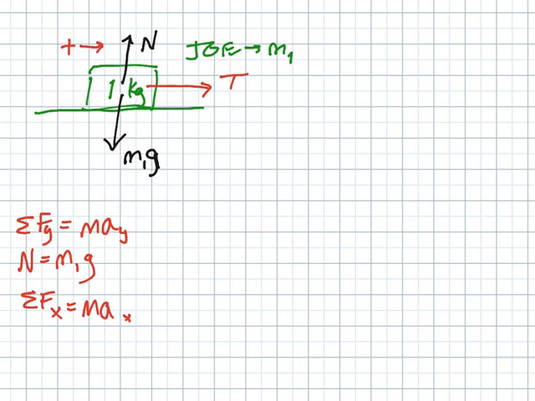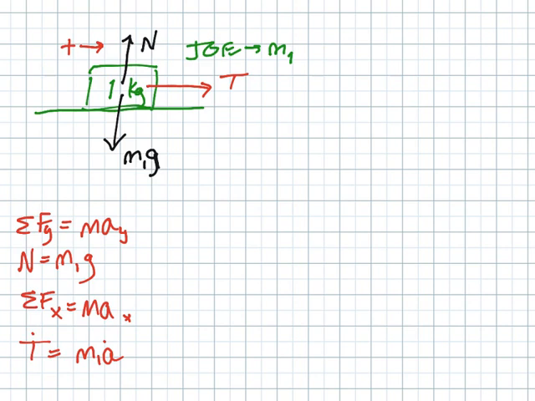With that in mind, the net force in the horizontal direction is just T. And so according to Newton's second law, that's equal to m1a. I'm just going to leave this as a here. And that's it. I can't do anything else. There are two unknowns in this equation. T is an unknown, and a is also an unknown.